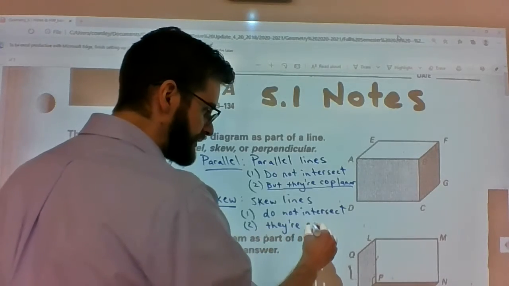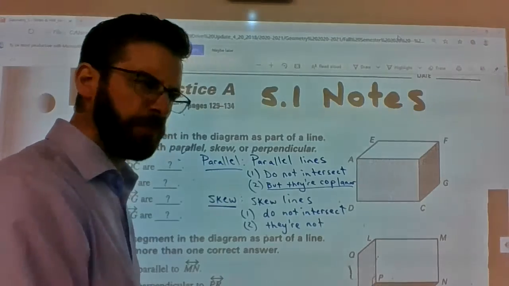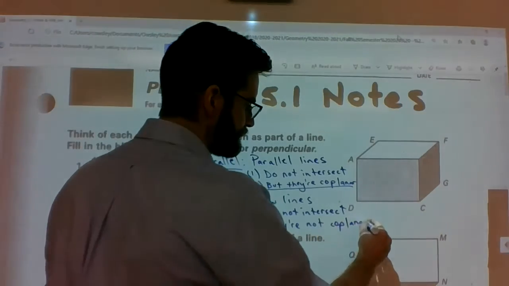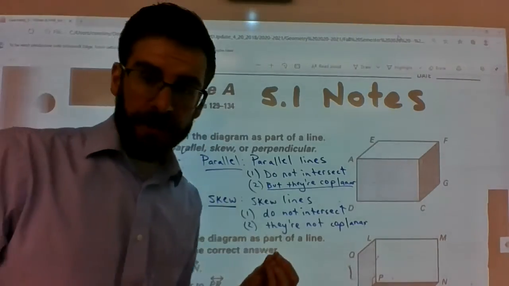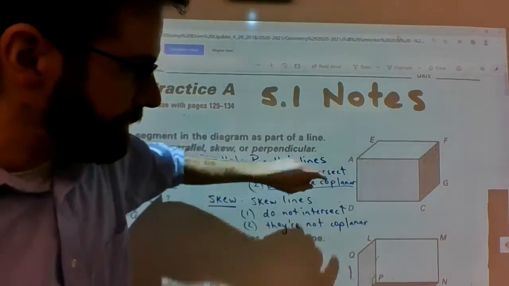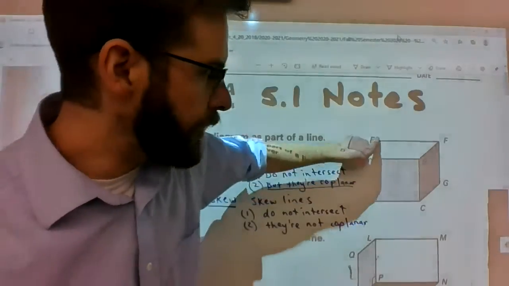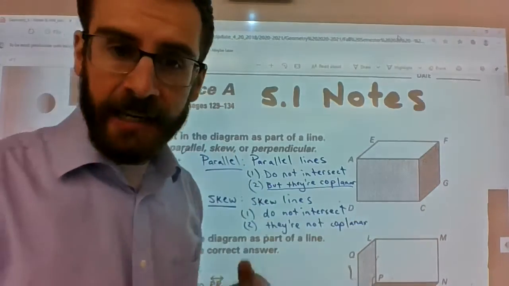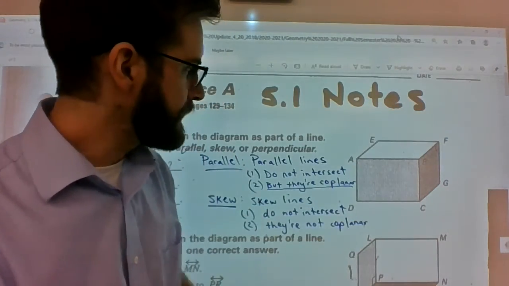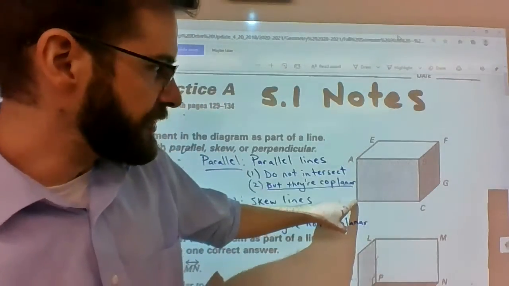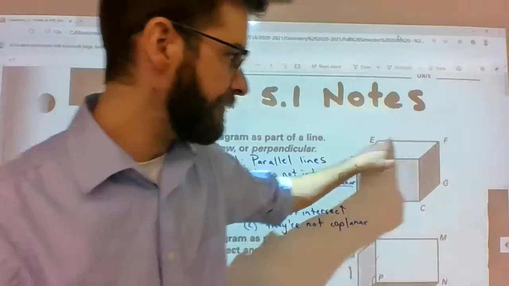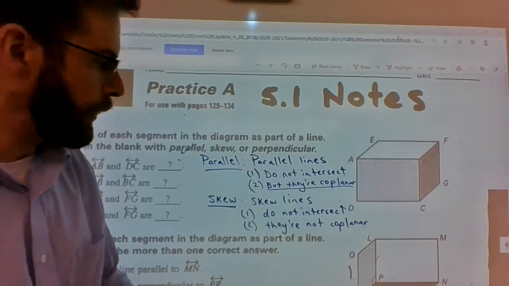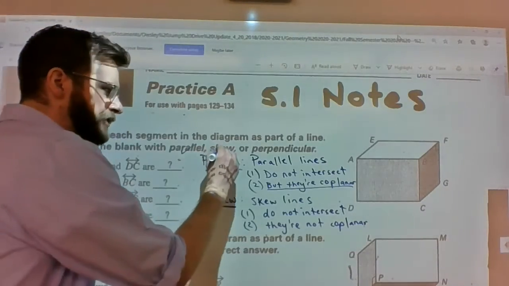They're not coplanar. Non-coplanar. So an example of 2 skew lines would be AE is skew to BC. They're not on the same plane, nor do they intersect. AD is non-coplanar to EF. Okay, so parallel lines, skew lines.